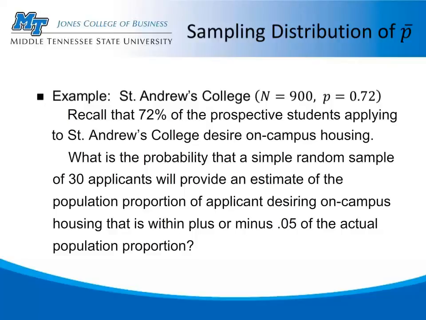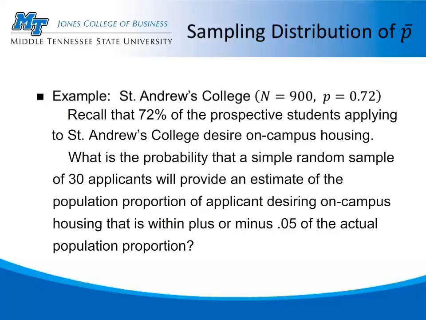Now the question is, what's the probability that a simple random sample of 30 applicants would have a sample value within plus or minus 5% of that 0.72? So what's the probability that p bar would be between 0.72 minus 0.05 and 0.72 plus 0.05?